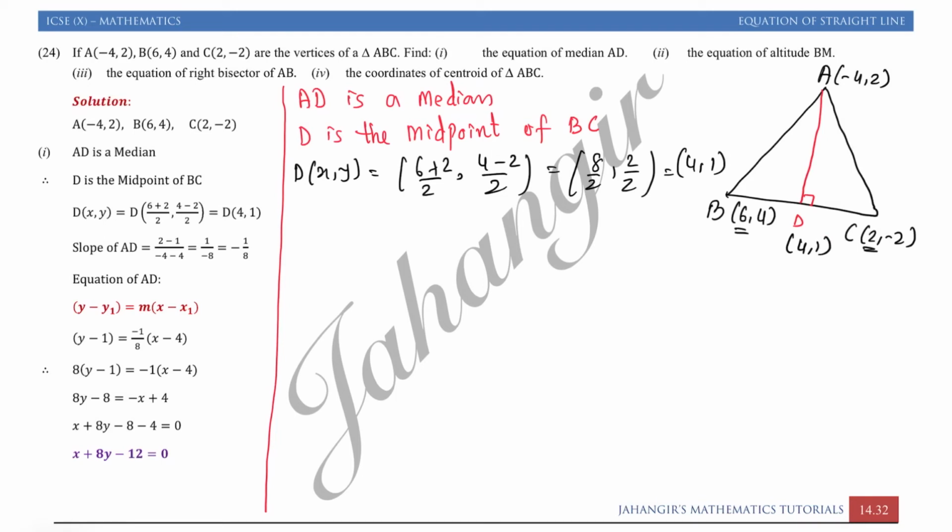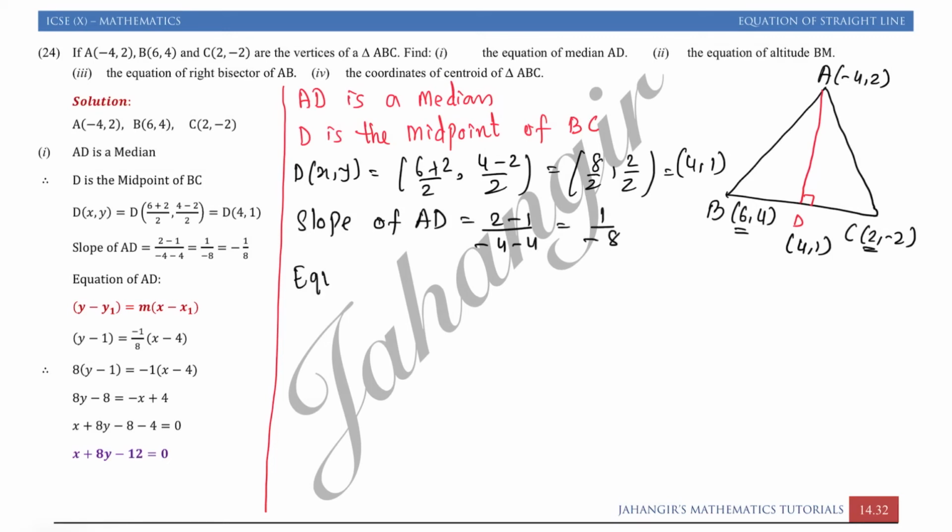Now since we know A and D's coordinates, we can say slope of AD is y2 minus y1 upon x2 minus x1, that is 1 by minus 8.